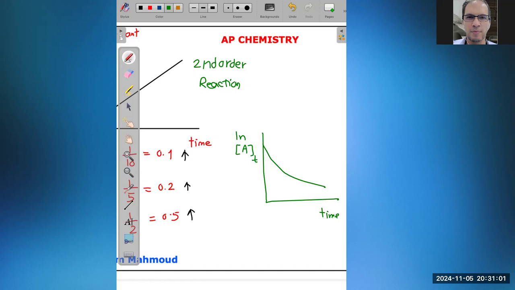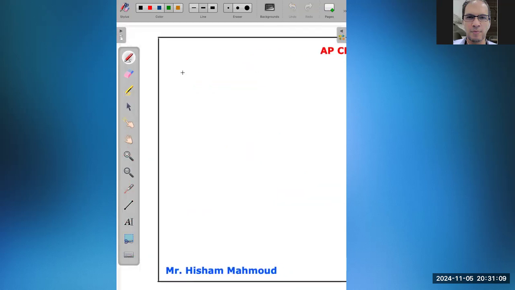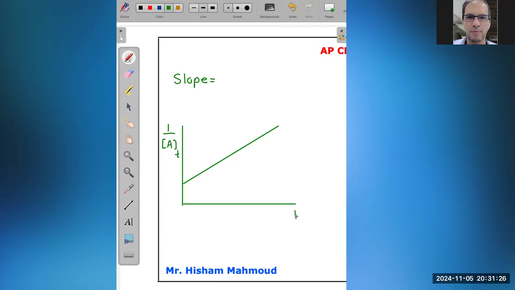Okay, Mister, if I make the slope, I want to calculate the k for the second order directly from the curve, automatically. So if you want to find the k, it is the slope. Here is the curve again. This is 1 over the concentration at time t, and this is time.